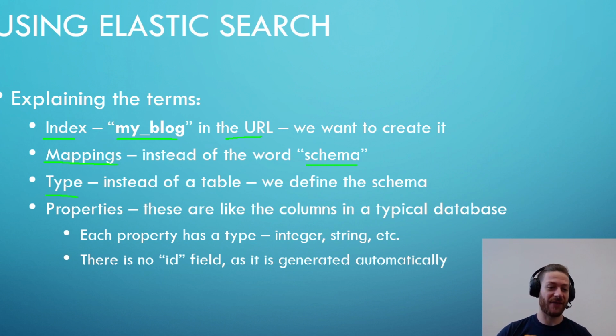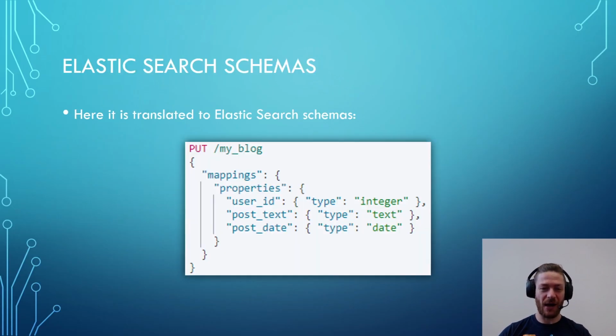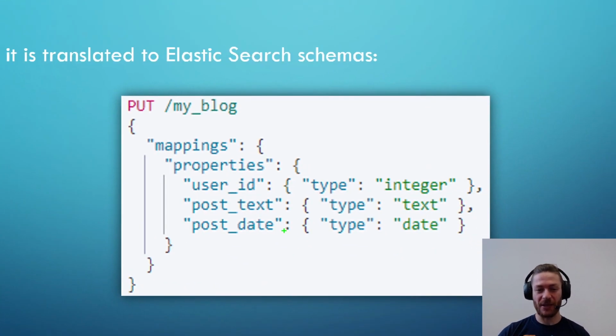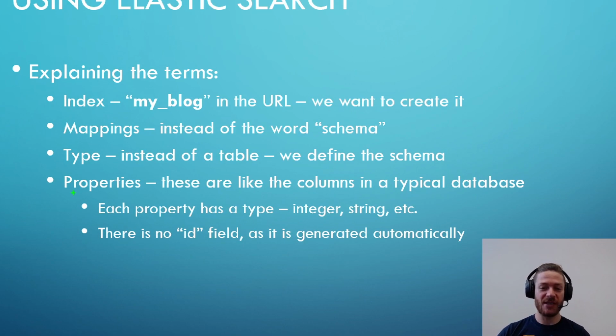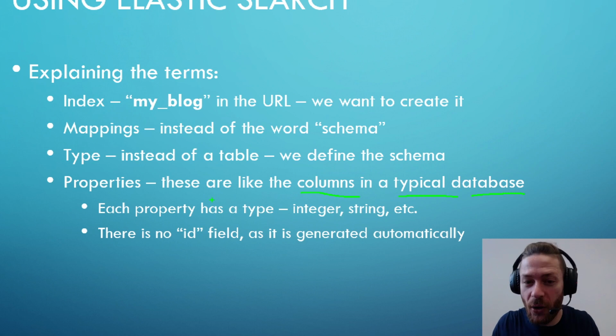And we have a type. Type is instead of a table, we define the schema. For example, currently our type is apparently post. We don't specify it anywhere, but we have the post. And finally, we have properties. These properties are just like the columns in a typical database, attributes that our type contains. If we have a post, we have user ID, who is the author of the post.